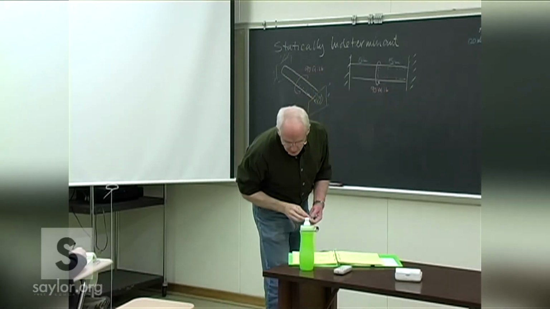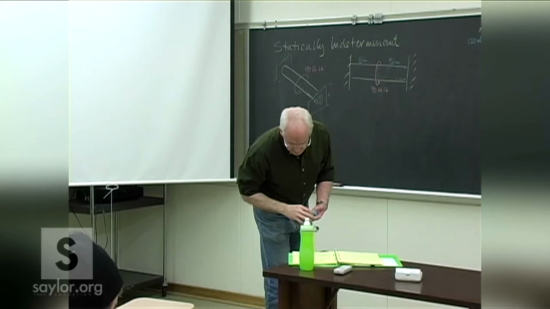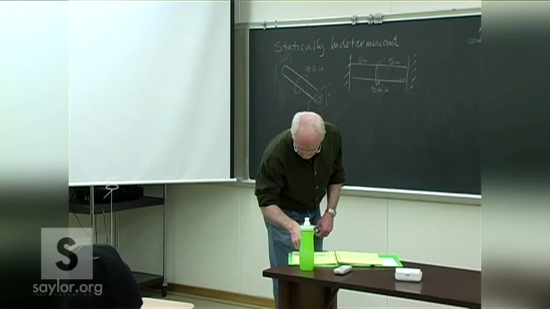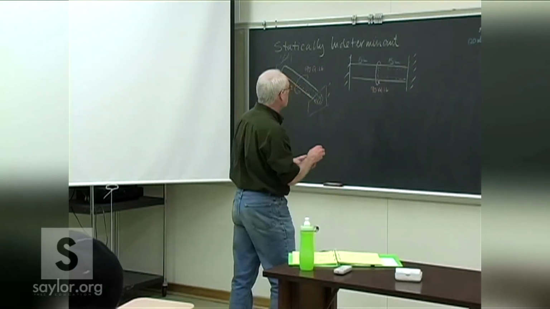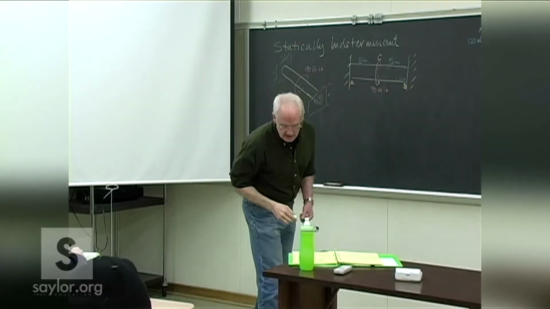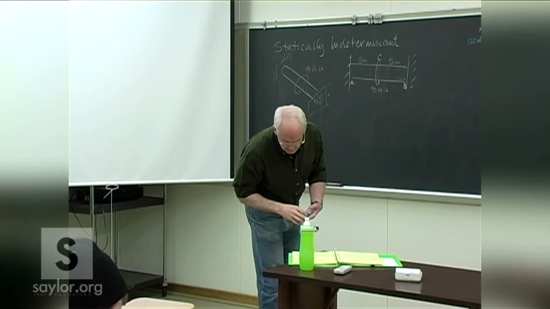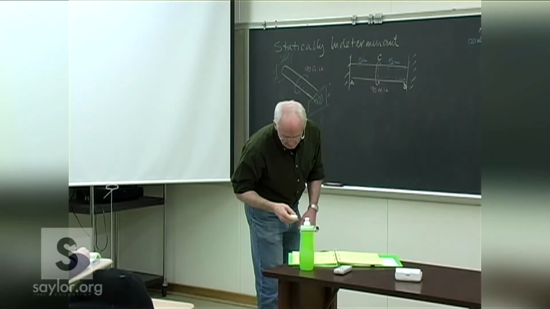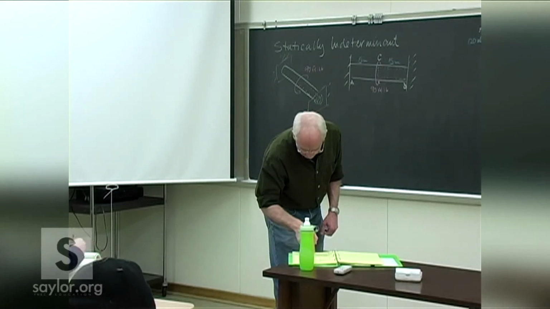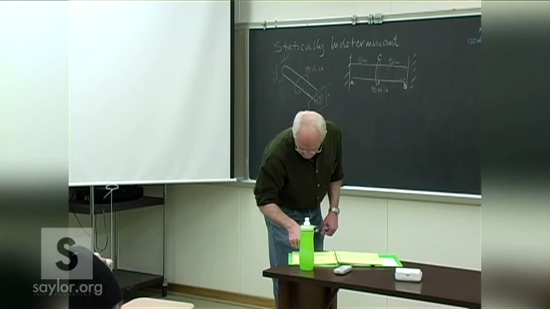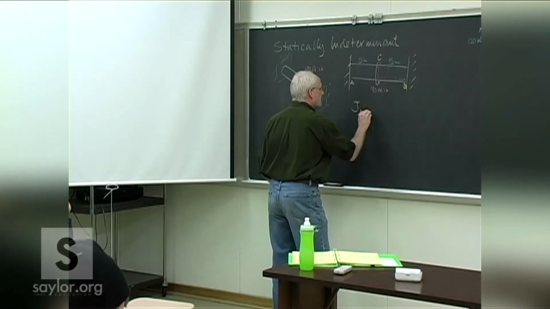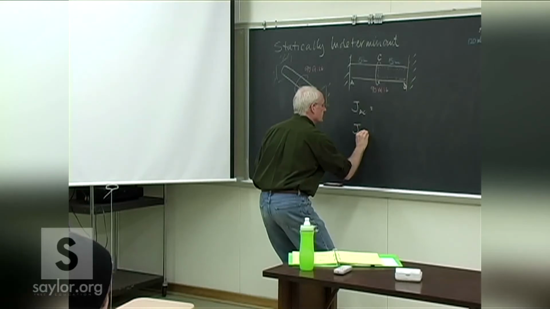So whichever one of the drawings you prefer. Let's label this A and B are the two ends, C's the middle. And what other pieces can I give you here? I don't have the radii, but I have the polar moments of inertia for you.